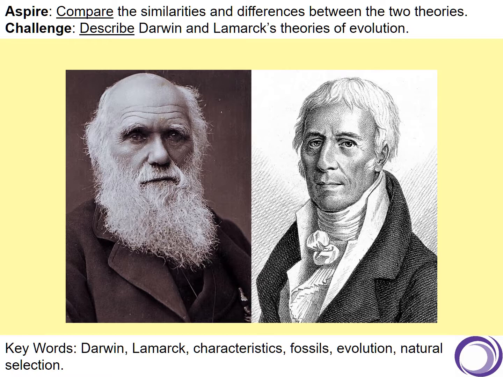Any useful changes that took place in the organism during its lifetime would then be passed from the parent onto the offspring. So in the example of the giraffe and the neck length, Lamarck thought if they didn't use their long necks to reach the tallest branches of the trees, the neck would shrink and be lost.